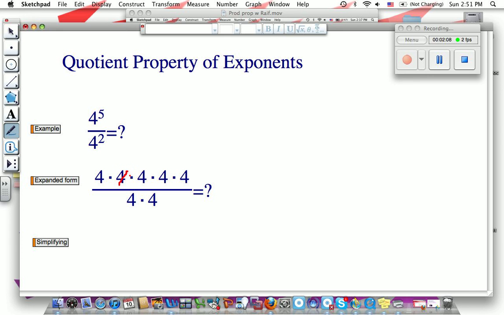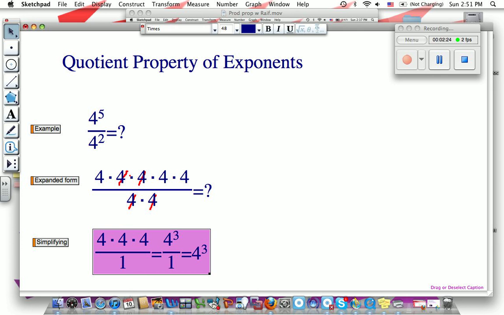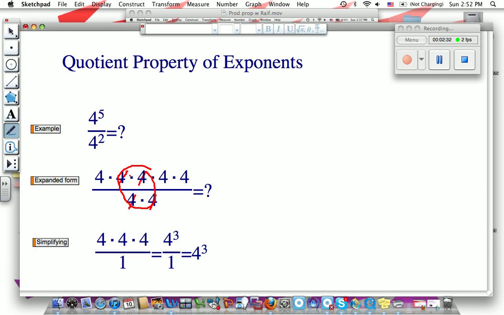So that makes sense. What we say a lot of times in math is we cancel if the factors are on the top and bottom. We're actually canceling it to 1. So when we simplify, we're going to write 4 times 4 times 4, because these 4s have all simplified to 1.